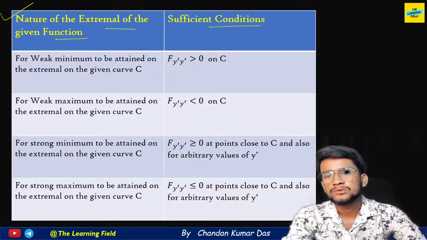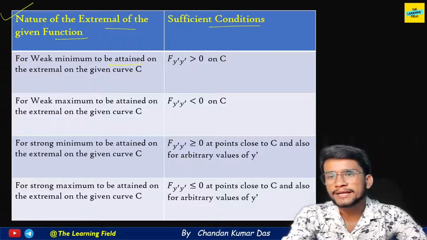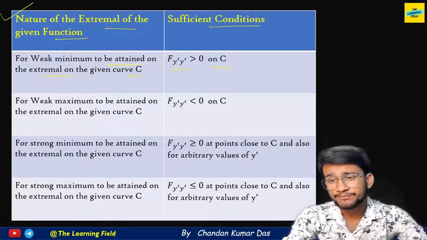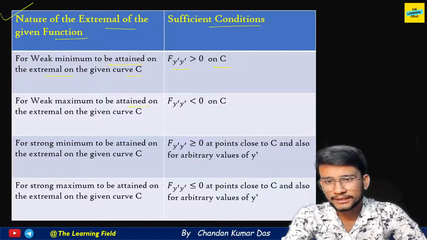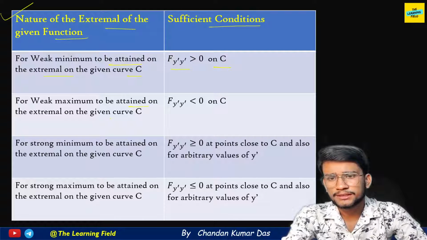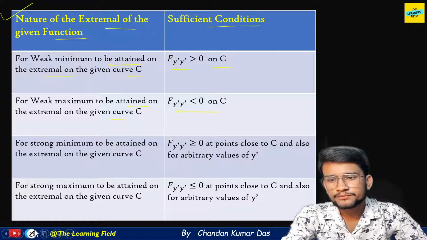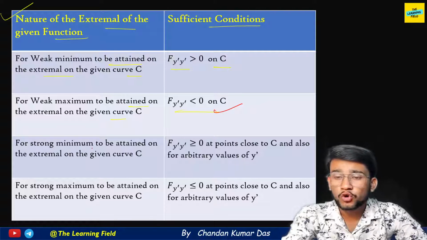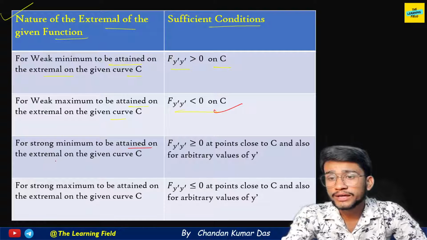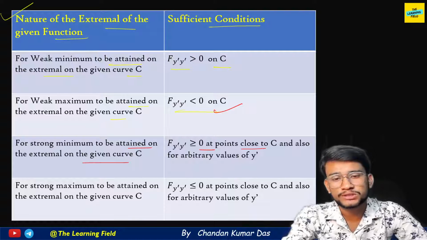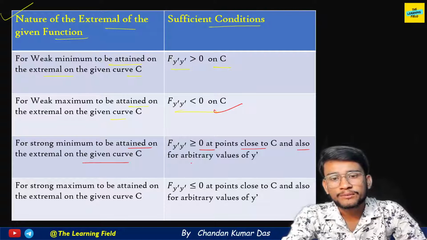Okay, so you can see, for a weak minimum to be attained on the extremal of the given curve C, the condition is f_y'y' strictly greater than 0 on the curve C. For a weak maximum to be attained on the extremal on the given curve C, the condition is f_y'y' less than 0 on C. And the third one is for a strong minimum to be attained on the extremal on the given curve C: f_y'y' greater than or equal to 0 at points close to C, and also for arbitrary values of y'.